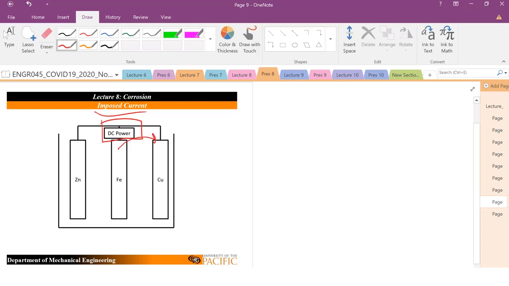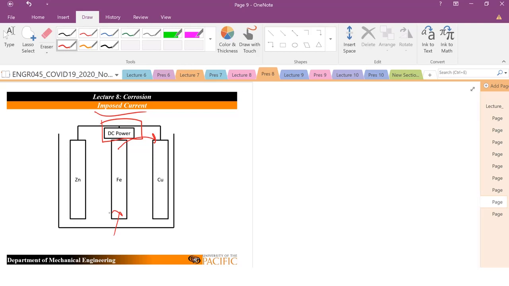So I can impose a current to drive electrons into the material that I want to protect. That's another, more expensive way to do it. You'll have to play around with that and decide whether your application justifies the cost of having to continuously supply this power source.